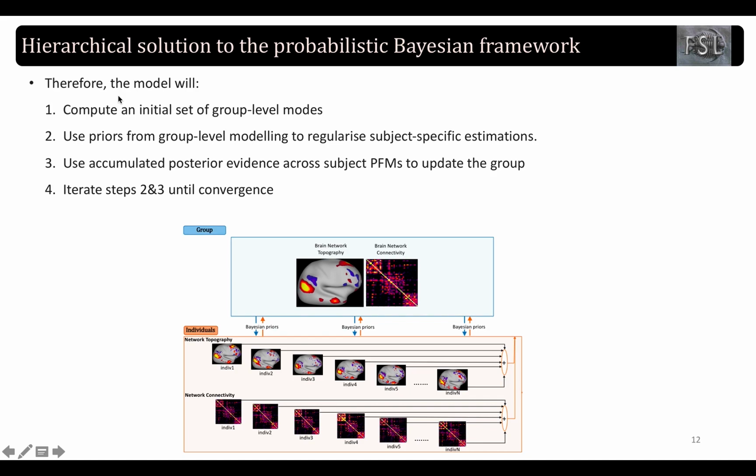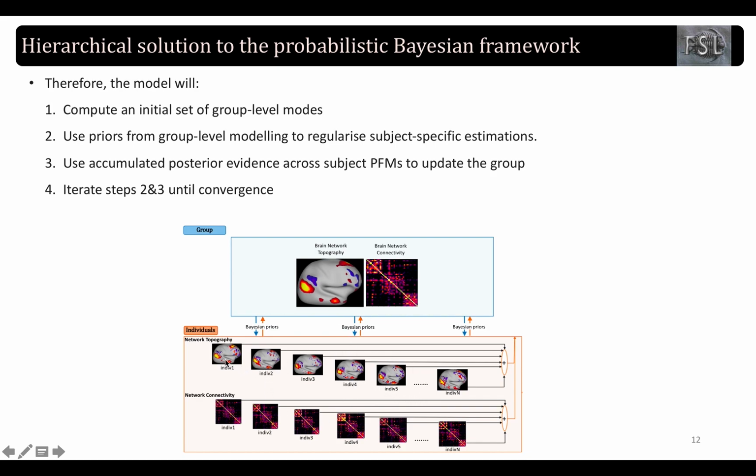So we start with an initial estimate of the group level functional modes, similar to, for example, group ICA, but here we use group level variational ICA to obtain an initial set of group level modes. Then we will use this initial set of group modes to build priors for the subject-specific modes.